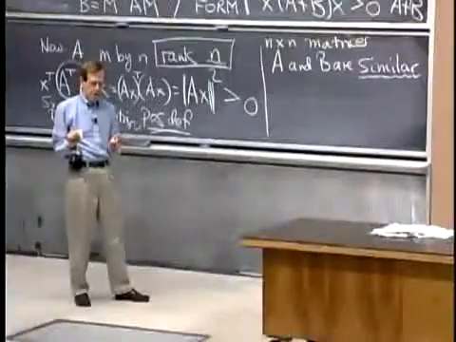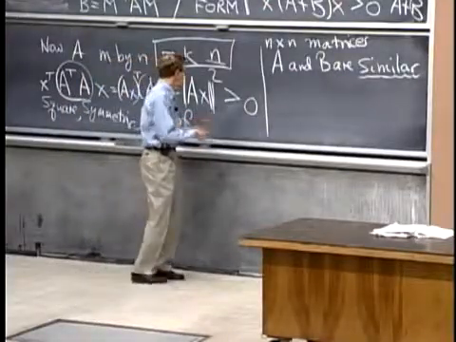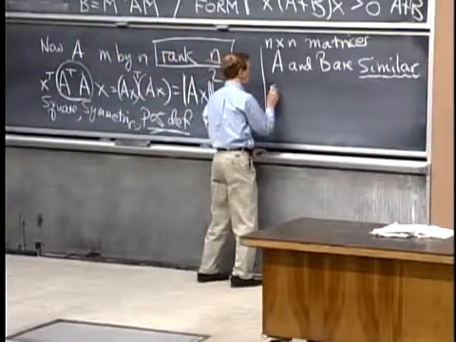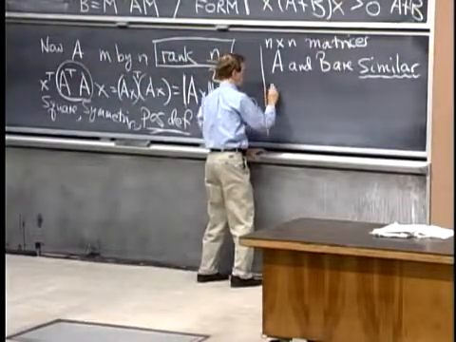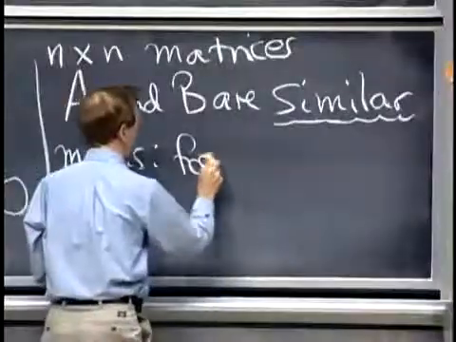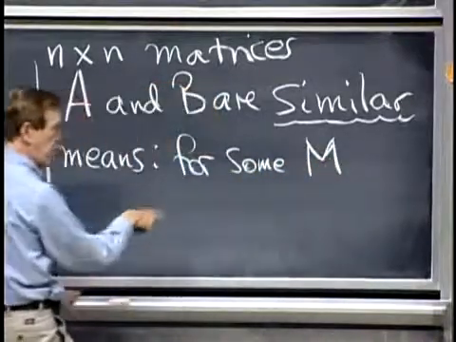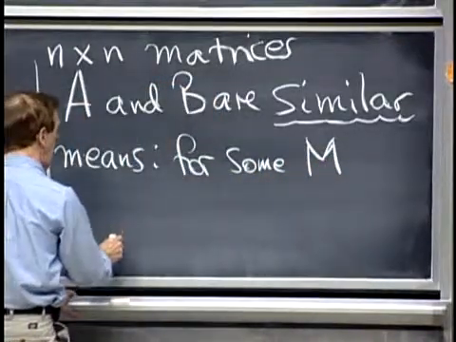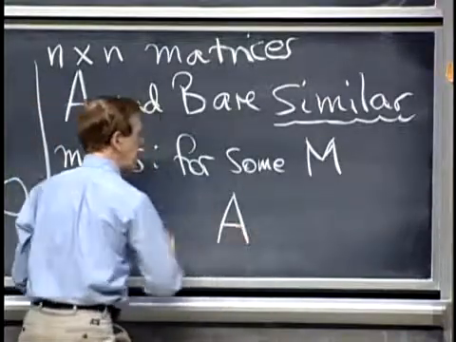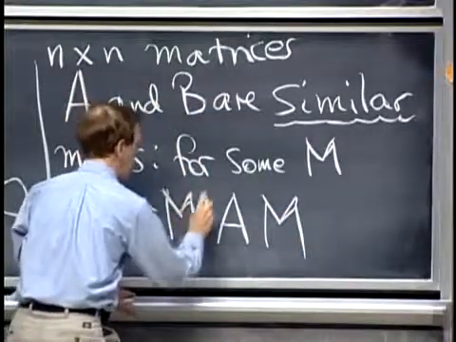It means that they're connected in the way I've written here, so let me rewrite it. That means that for some matrix M, which has to be invertible, one matrix is, take the other matrix, multiply on the right by M, and on the left by M inverse.